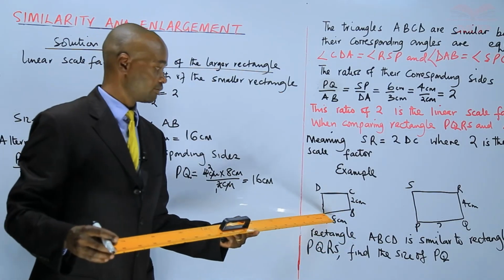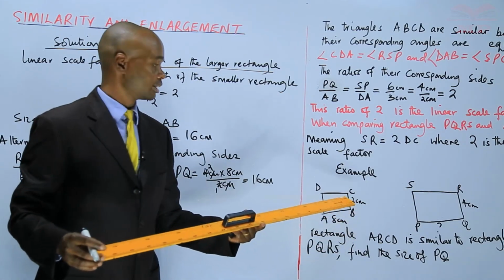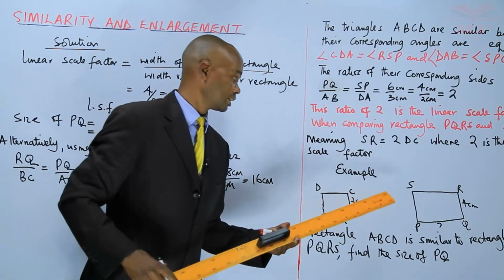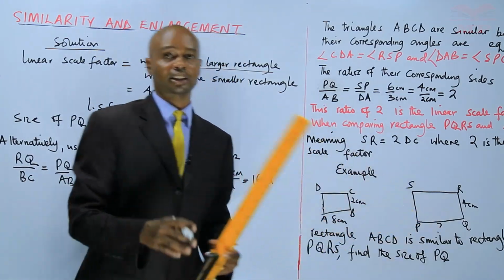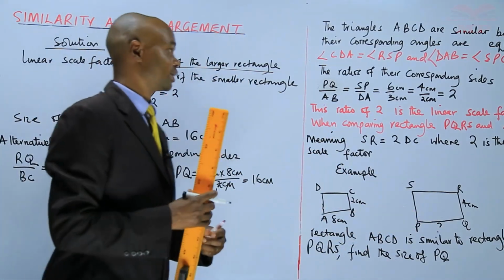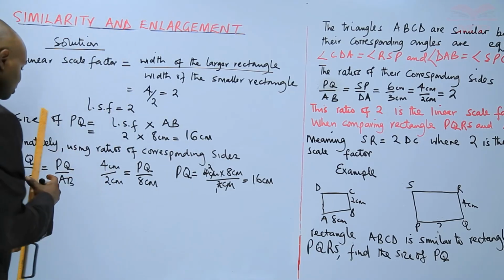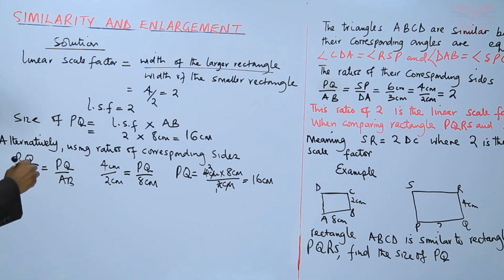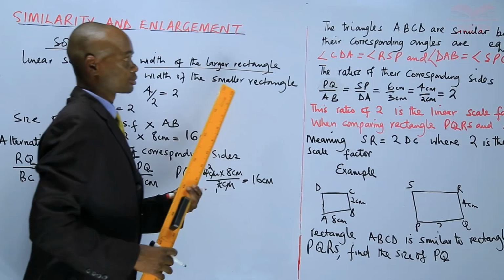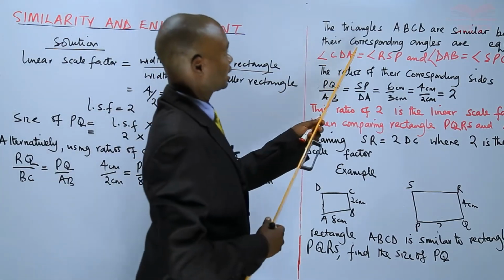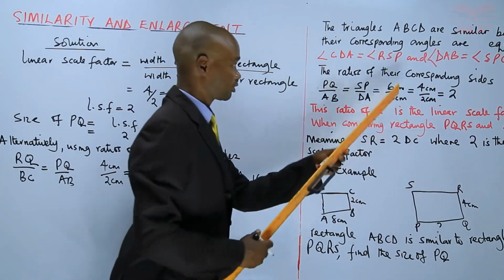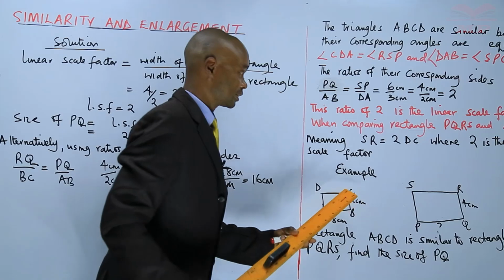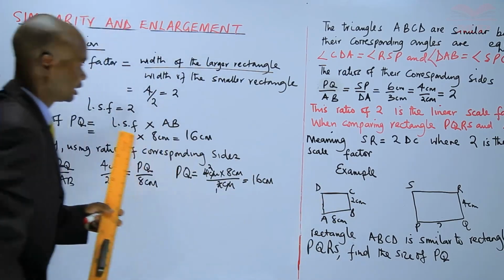You multiply by a certain constant number, which we call the linear scale factor, to get the corresponding length of the bigger rectangle. The corresponding angles should be equal in such similar shapes.